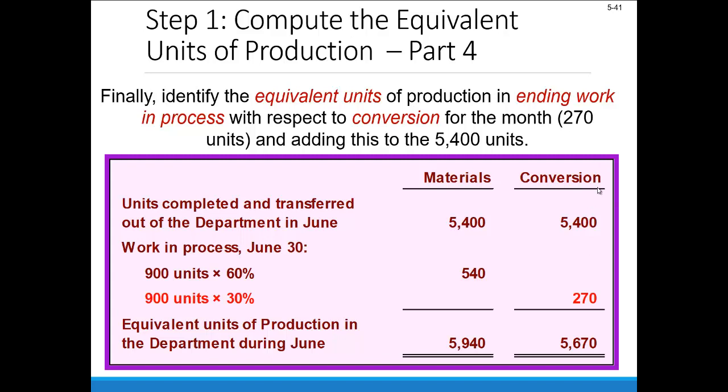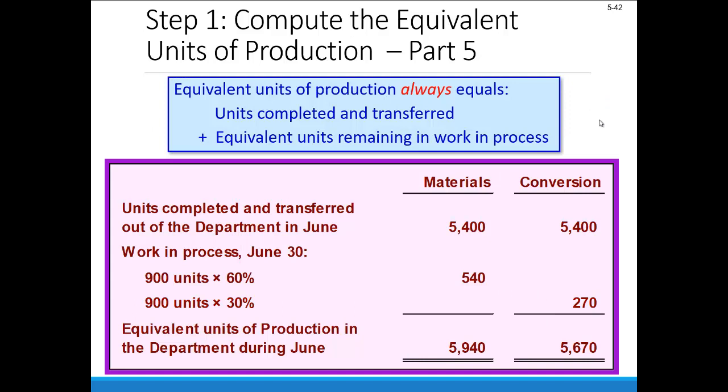So now the total equivalent units of production with respect to conversion for June here are the 5,400 completed and transferred, plus the 270 equivalent units in ending work in process with respect to conversion. 5,400 plus 270, 5,670.